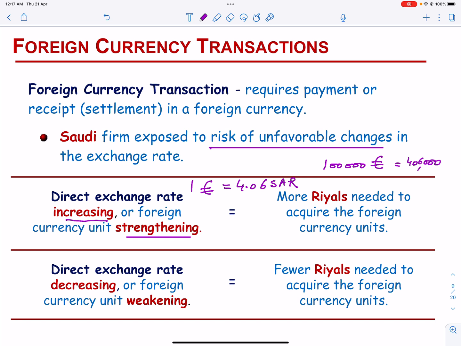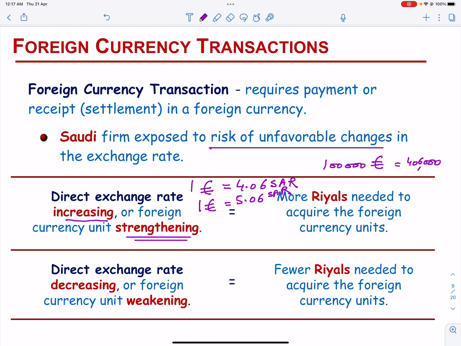If the euro strengthens, suppose 1 euro is now equal to 5.06 Saudi riyals, then it means more riyals are needed to buy euros.